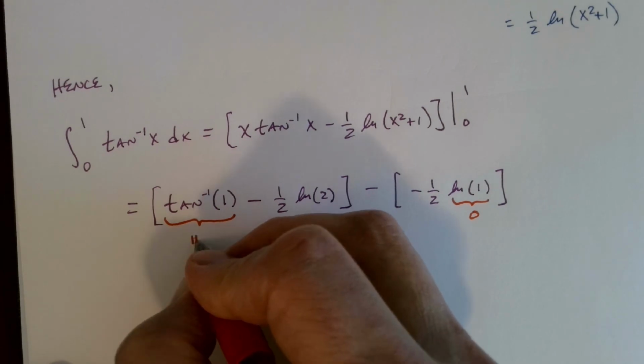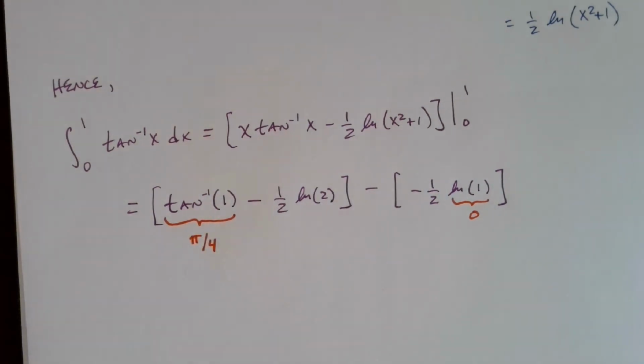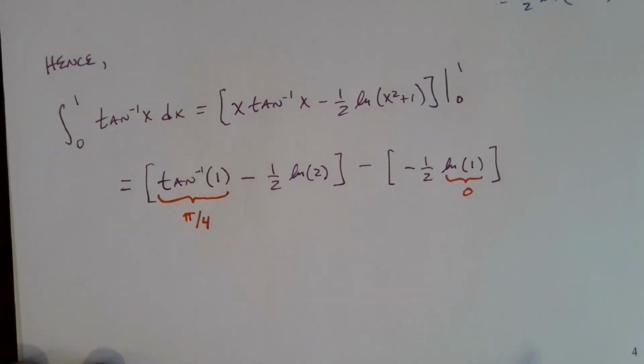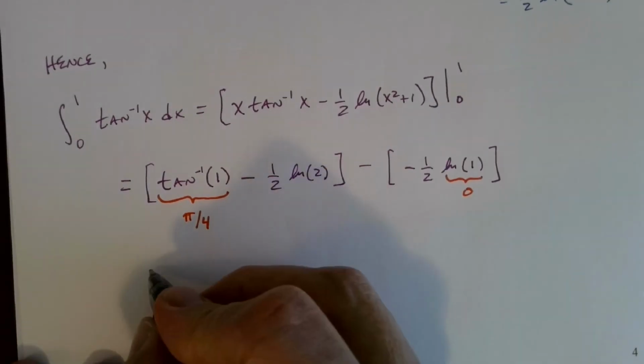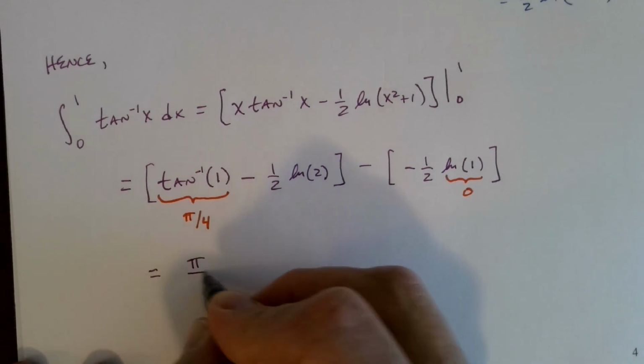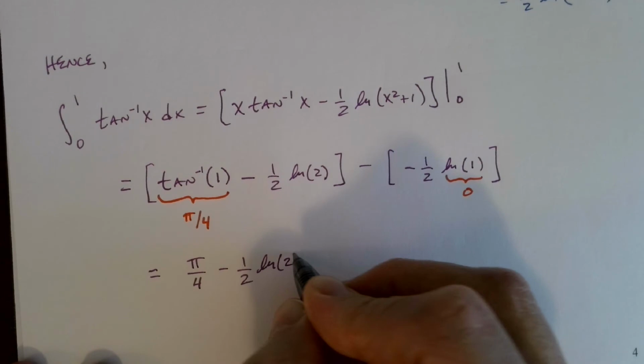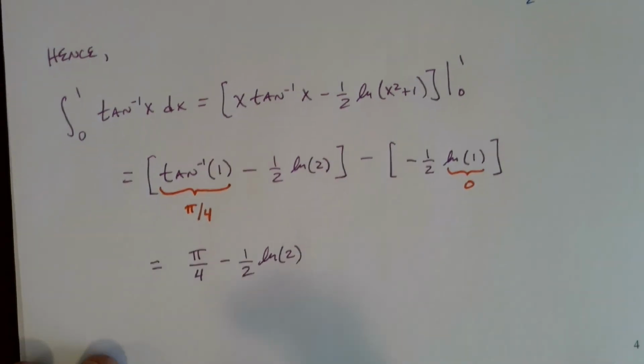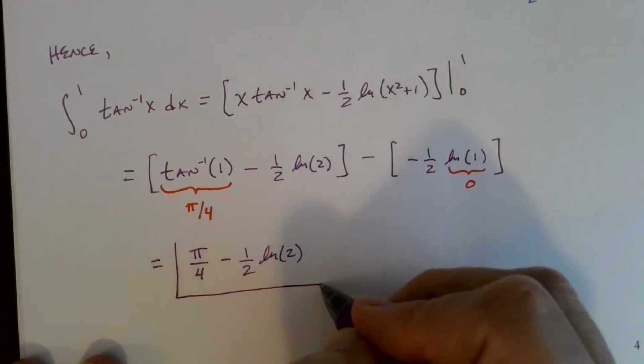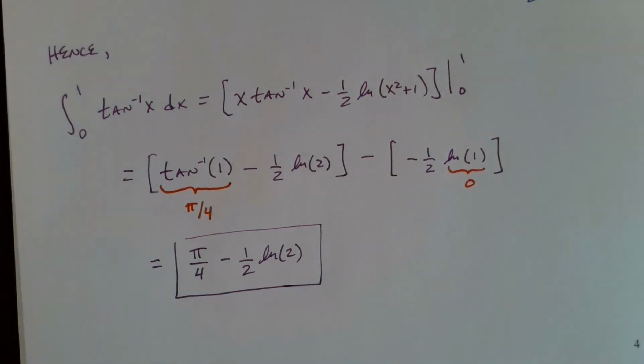At pi over 4. Tangent of pi over 4 is 1, and that's between negative pi halves and pi halves. And so our final answer is pi over 4 minus 1/2 the natural log of 2. And I don't know what the natural log of 2 is. I mean, I can approximate it, but there's the exact answer.